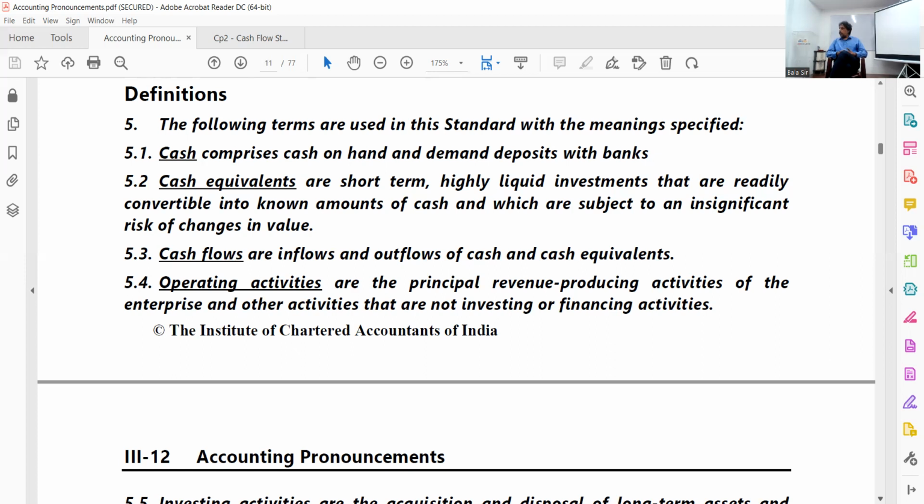Money can come from shareholders or from the lenders. The lender can be a debenture holder or a banker. But whatever money comes into your business is not free money. You have to give them a return. That is the cost of capital. That's why you have a chapter in financial management, the cost of capital, the cost of funding.